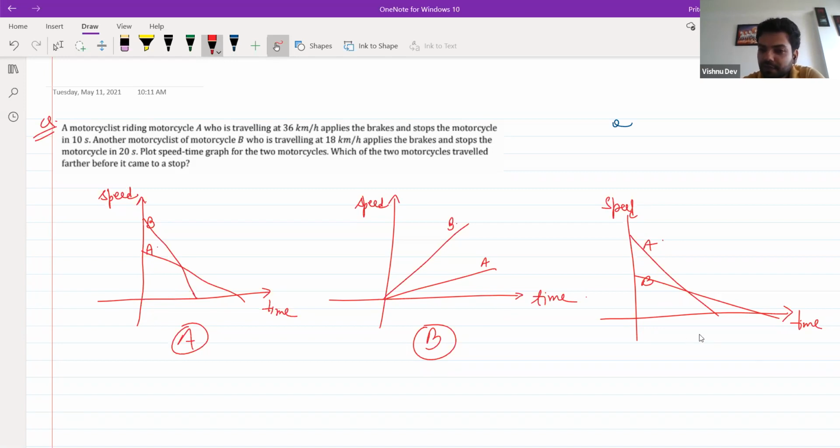So which graph corresponding to the given information will be correct? A, B or C? Yes, Shivansh, 36 kilometer per hour is 10; 18 it is 5. To convert kilometer per hour into meter per second, just multiply the value by 5 by 18.